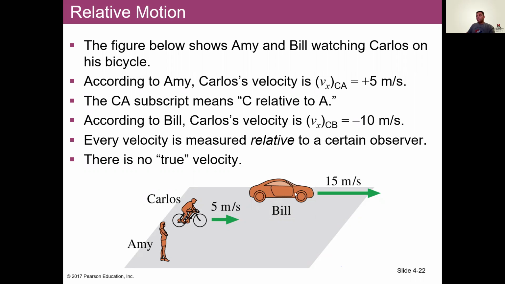What Bill is going to see when he is looking at a static person like Amy, or another person who is moving slightly slowly, or a lot slowly, depending on which scenario you're looking at. So these perceived velocities are going to be different from the absolute velocities.